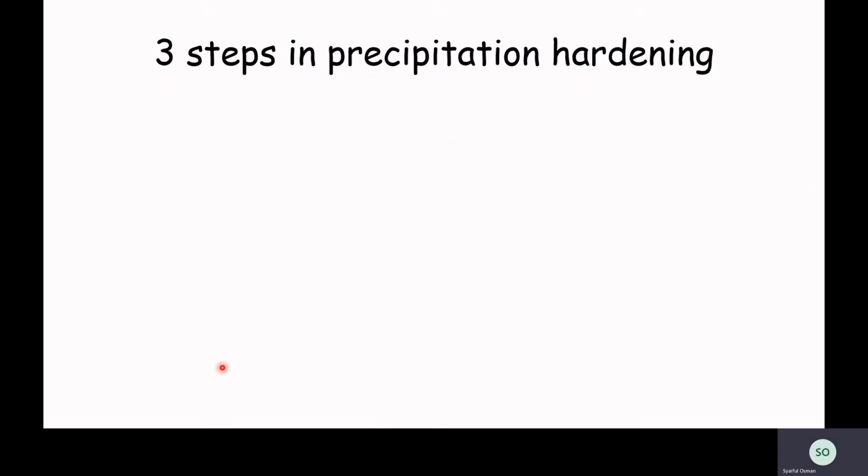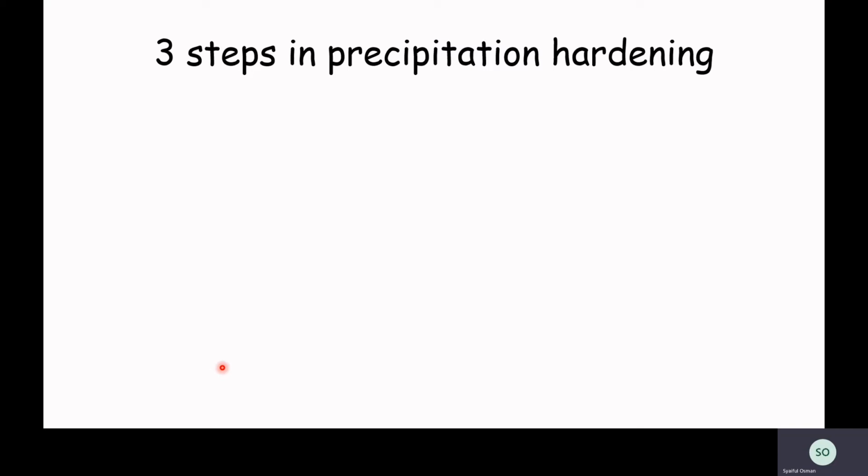The details of how the precipitation process works can seem a little bit complicated, but a simple way of explaining it is by looking generally at the three steps that are involved. First, we have solution treatment, quenching, and aging. So, in general, there are three steps that are involved in precipitation hardening.